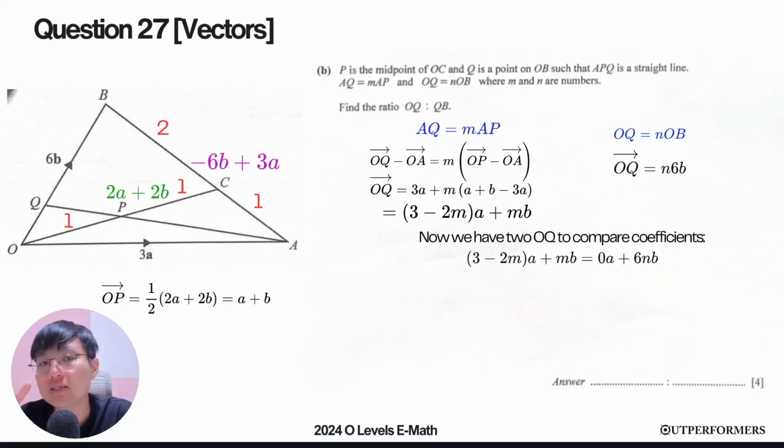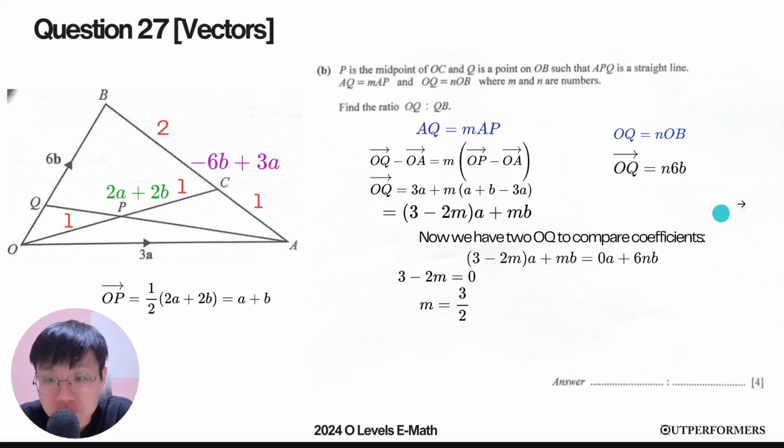Because I just want you all to see that comparison easily. I'll be able to compare this with the 0 because both of them have A. So 3 minus 2m is equal to 0, which means m is equal to 3 over 2. And for B itself, n is equal to 6n, I will also be able to sub over here to get n equals to 1/4.